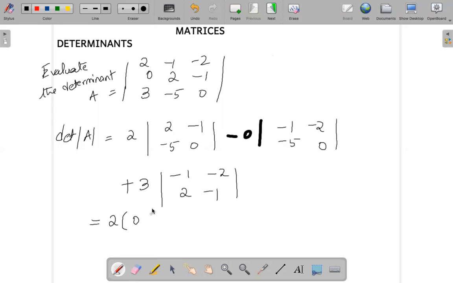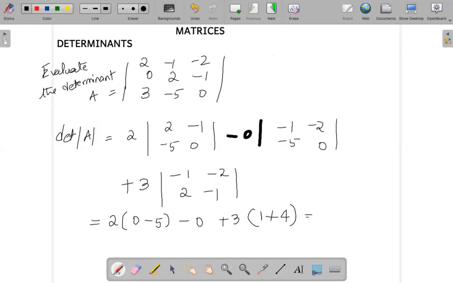Yeah, minus of minus is plus, but minus will be there, minus 5. Okay, and this is 0, and this is plus, and this is 1, and minus of minus plus.